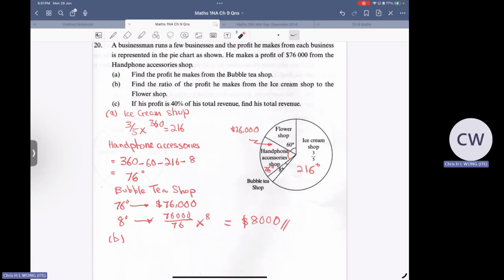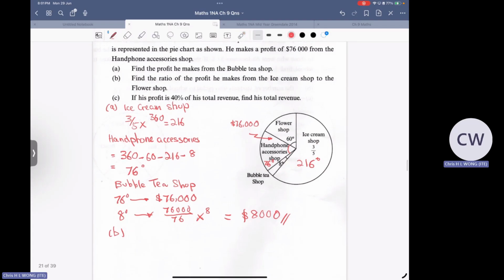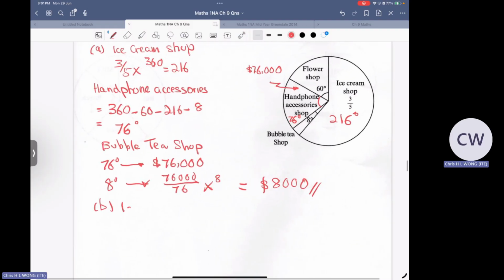So ice cream shop is to flower shop, which is 216 degrees is to 60 degrees.